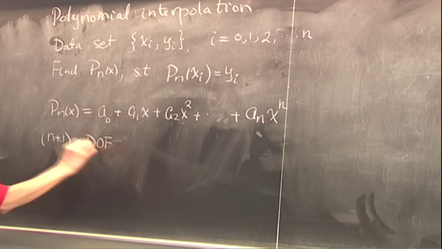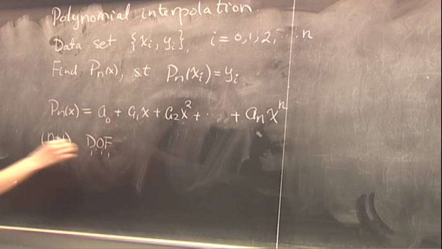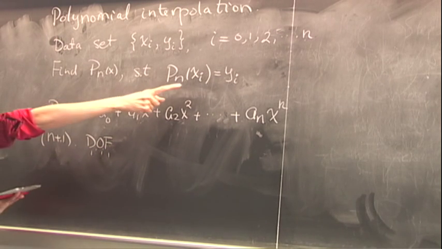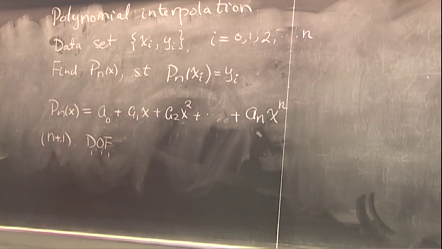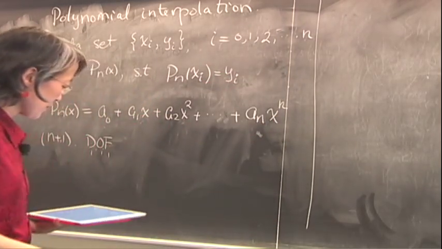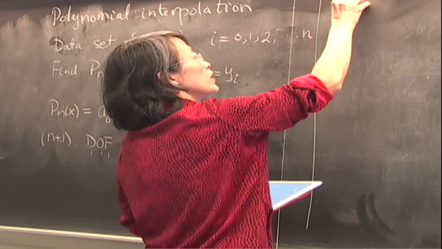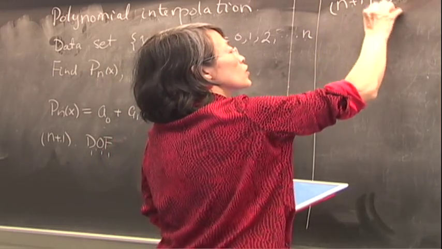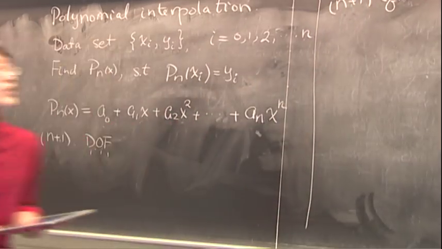So you know what I mean, degree of freedom. Okay, and then there are exactly n plus 1 constraints. So if they match, there shall be a unique solution if well posed. Okay, so what I want to do now is to set up these n plus 1 equations and just take a look at them.